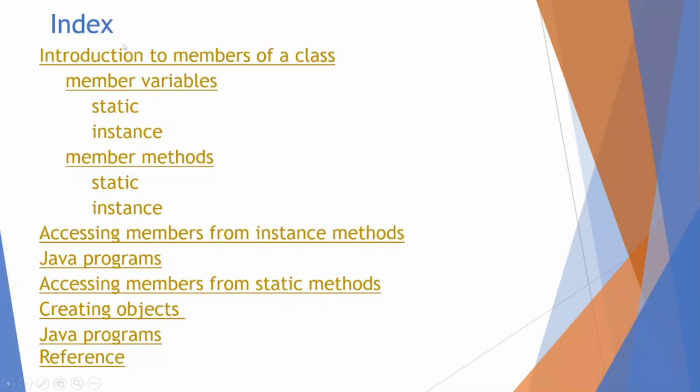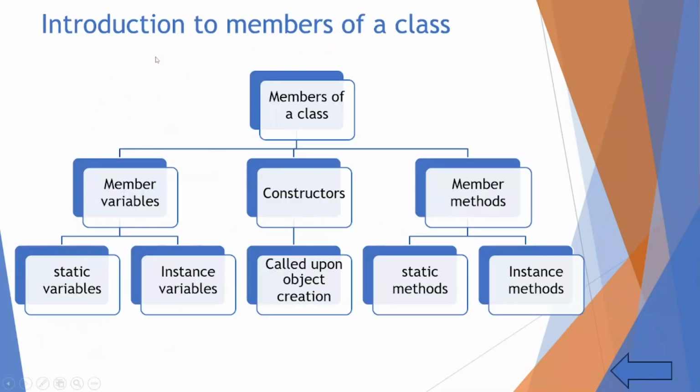Let's start. There are three main members of a class. First one is member variables, second one constructors, third one is member methods. Now member variables, again two types: static or class variables, and instance variables.